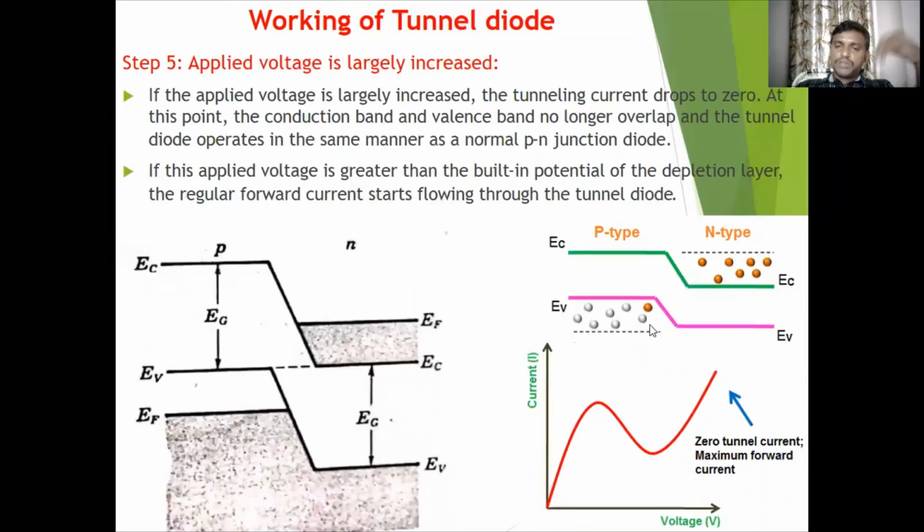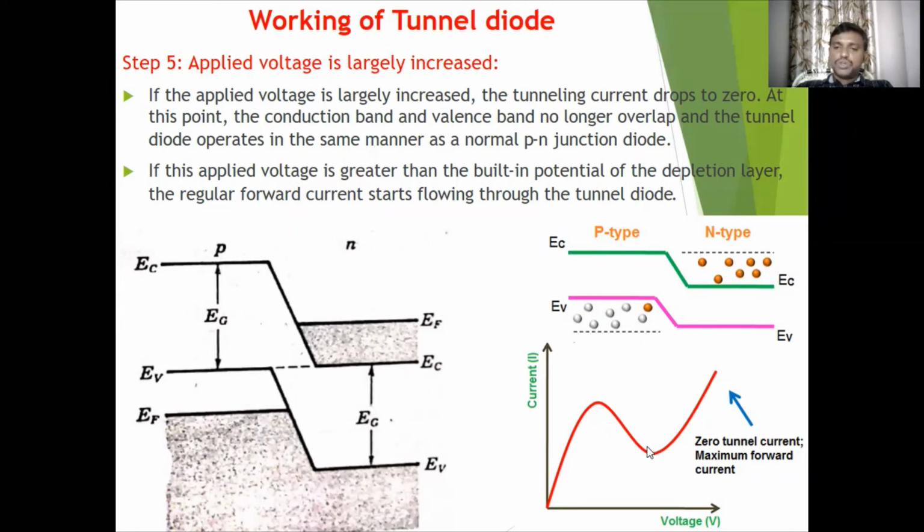After that, if the voltage increases further, it becomes normal p-n junction diode operation, because there is a movement from the n type conduction band to the p type conduction band. So a larger amount of current will flow.